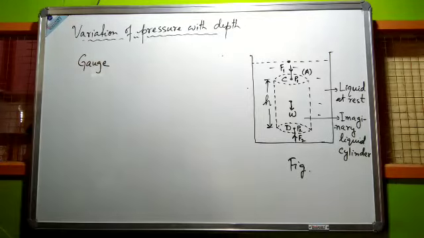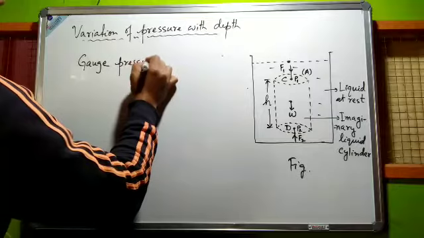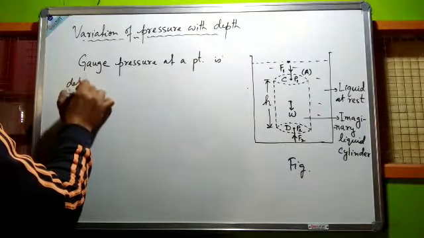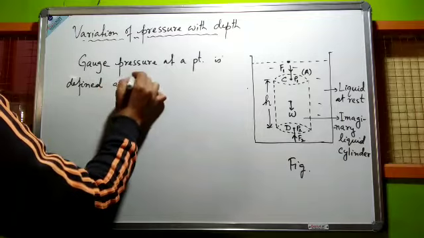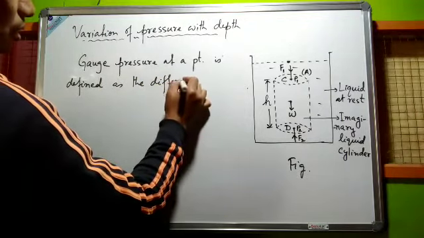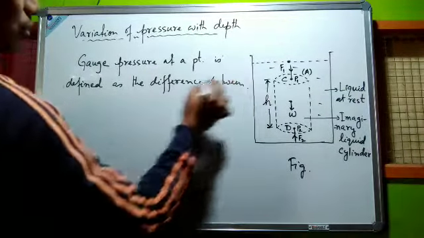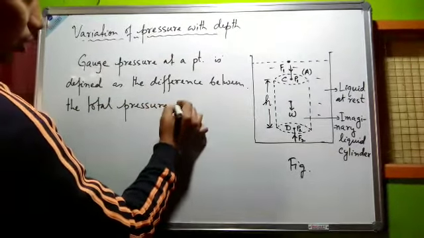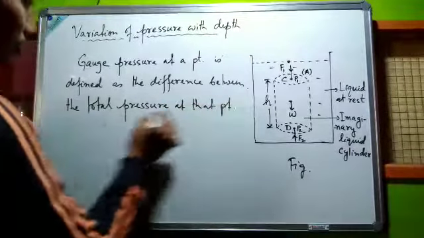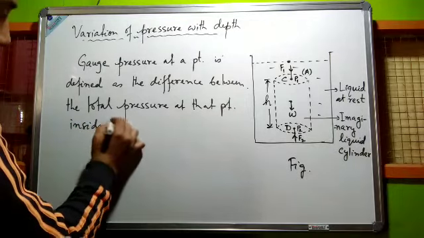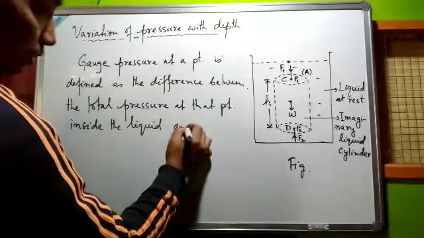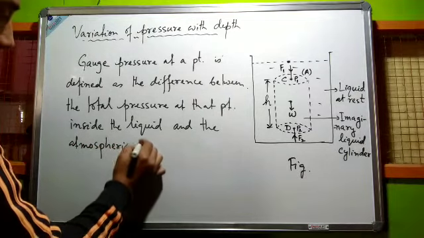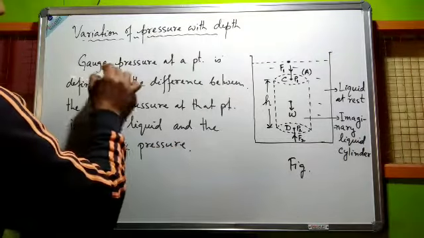Gauge pressure at a point is defined as the difference between the total pressure at that point inside the liquid and the atmospheric pressure.